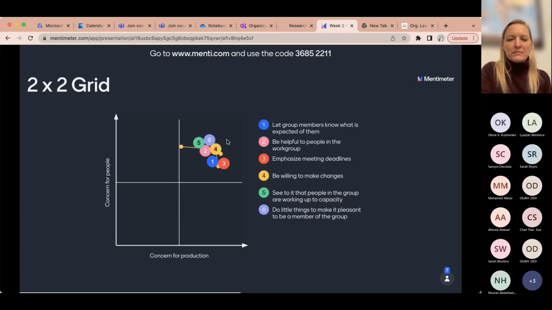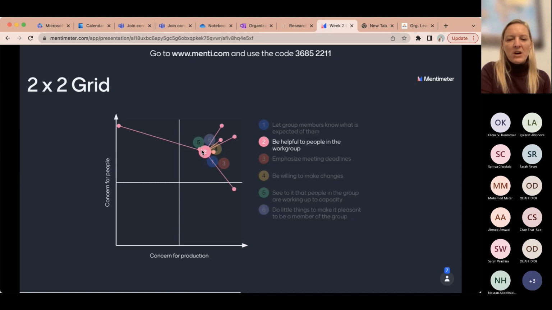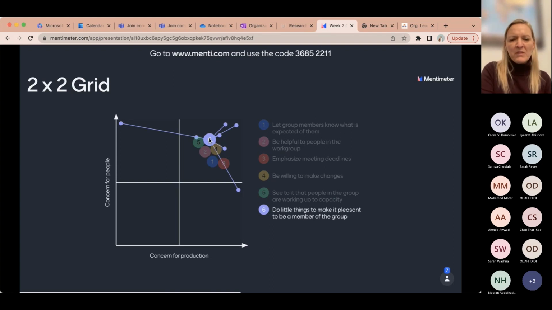And so number 2, being helpful to people in the work group, number 4, being willing to make changes, number 6, doing little things to make it pleasant to be a member of the group. Those are all more concerns for people.